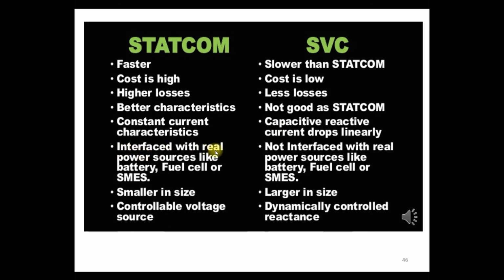The STATCOM can interface with real power sources like battery and fuel cell, but there is no real power interface with the SVC. The STATCOM is smaller in size, the SVC is larger in size. The STATCOM acts as a controllable voltage source and the SVC acts as a dynamically controlled reactance. And one point is missing here: the STATCOM provides a better transient stability margin as compared to the SVC. So this is all about the comparison between STATCOM and SVC.